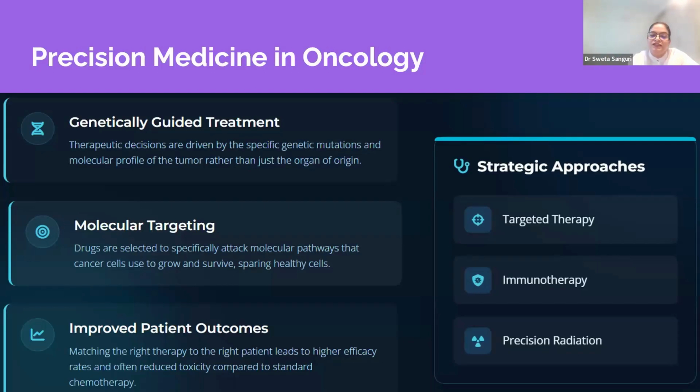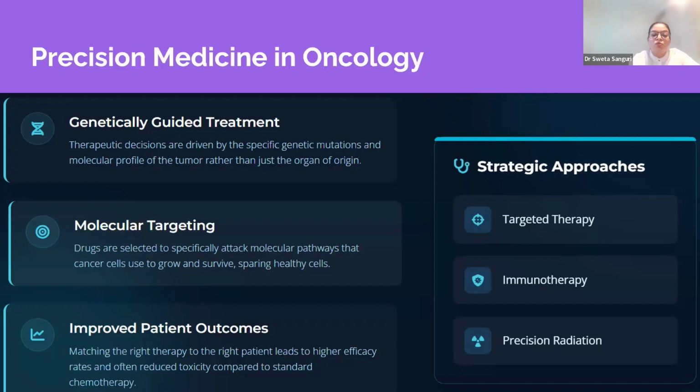Similarly, if breast cancer is HER2 positive, therapies like trastuzumab, which can target the HER2 receptor, will be used. By understanding these molecular drivers, doctors can select the drugs that directly interfere with the pathways that cancer cells use for their growth and survival.